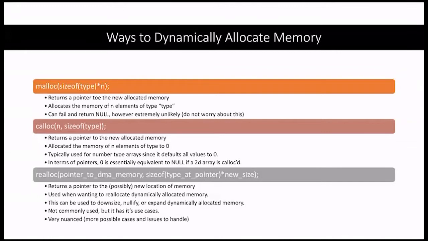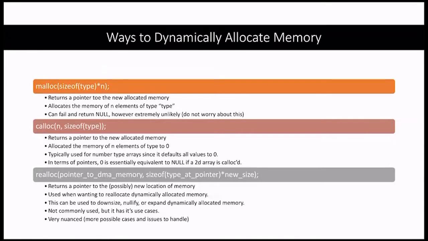For example, if you want an array of 5 elements of type int, you can use something like malloc. It'll return a pointer to newly allocated memory, a pointer of the type. It can fail and return null, but we don't have to worry about that. There are some teachers who will want to test you on that, but for the most part, in the scope of the foundation exam, you're not going to have to worry about that.